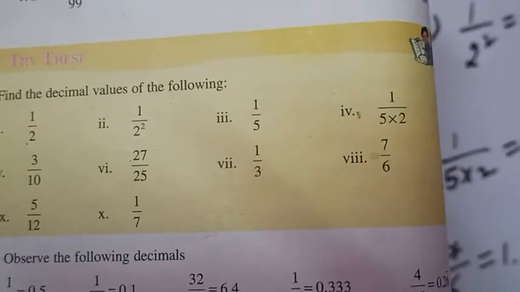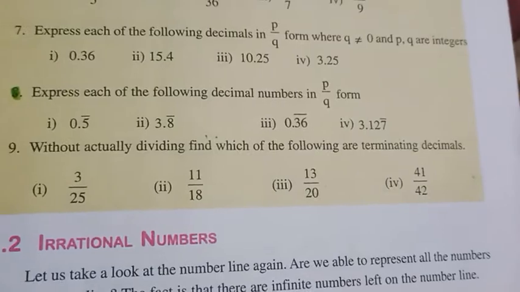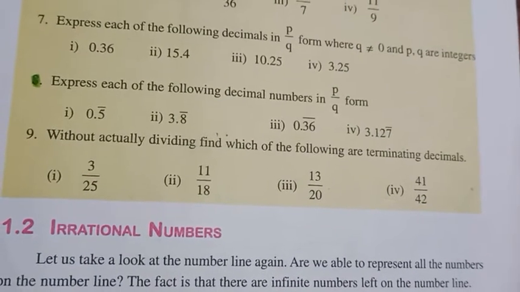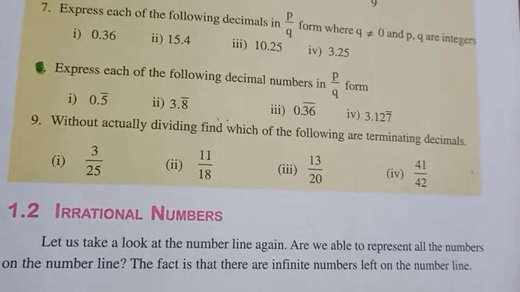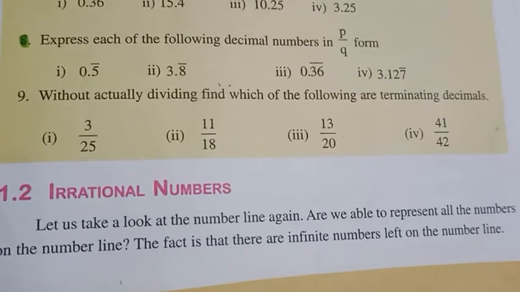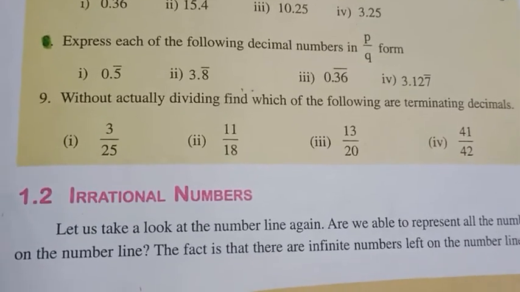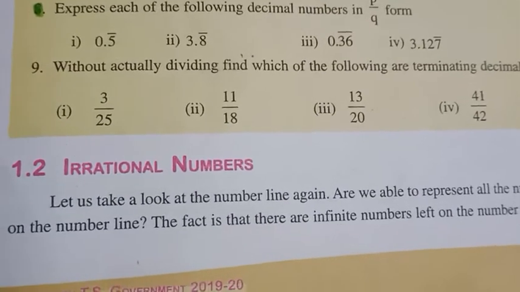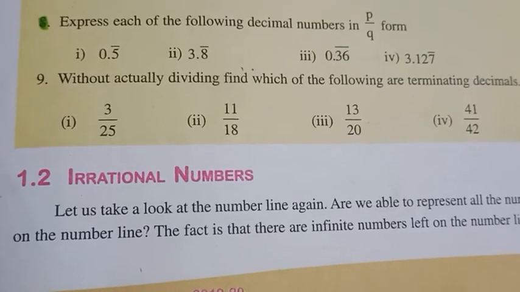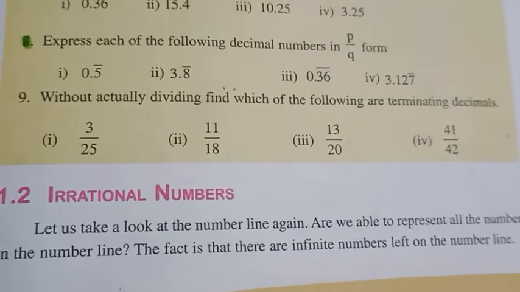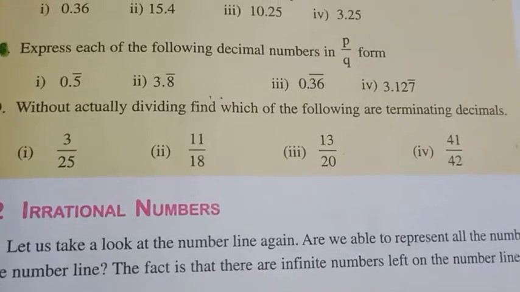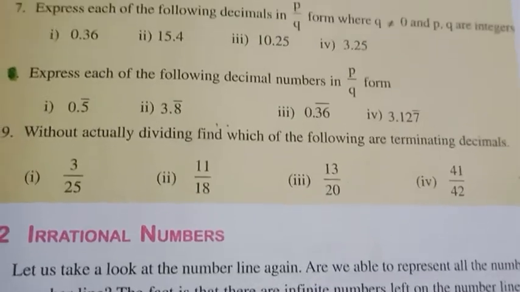Try this. Using this rule, decide. Without actually dividing, find which of the following are terminating decimals. So use factorizing the denominator. If the denominator has factors other than 2 and 5, that is a non-terminating recurring decimal. Okay, so I hope you will do it.